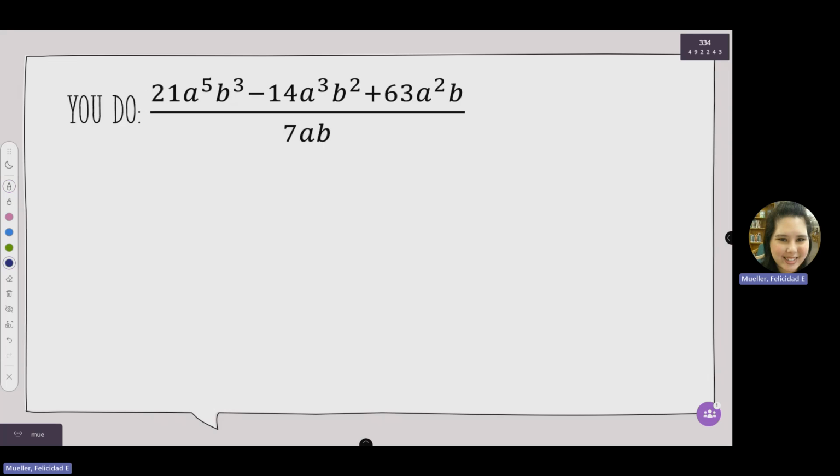If you have your notes, this is question 4. So we take a look here. When we divide by a monomial, it's really nice that we're just going to break it up into 3 separate fractions, because each term becomes its own fraction. We keep our sign.